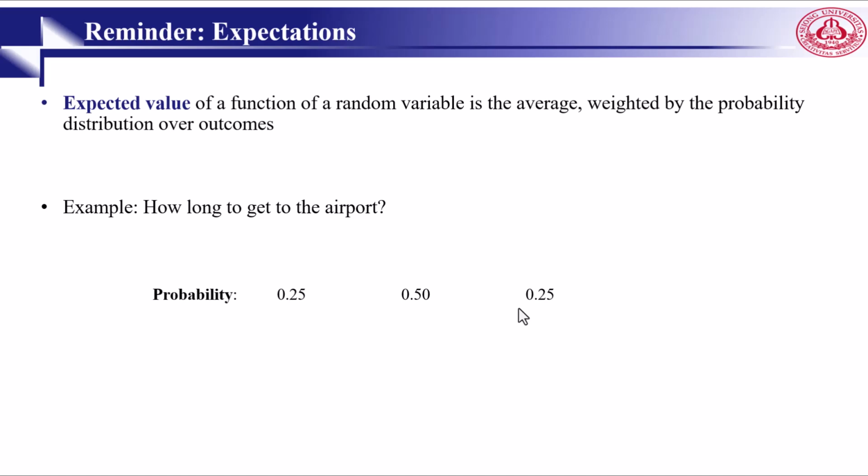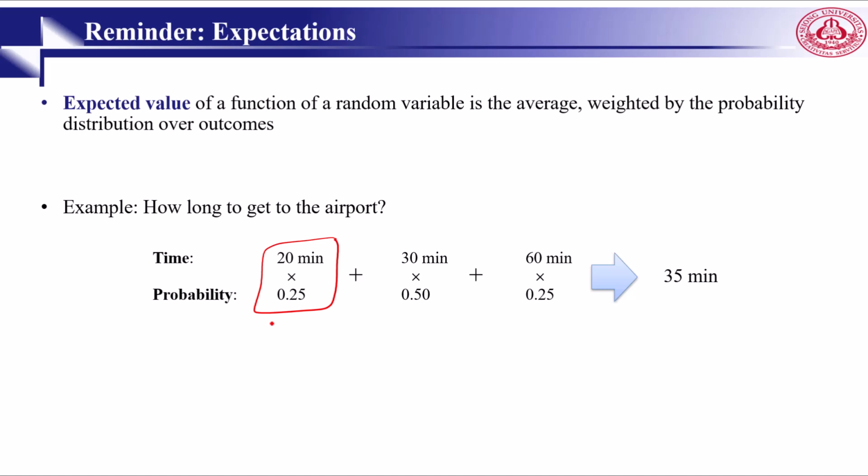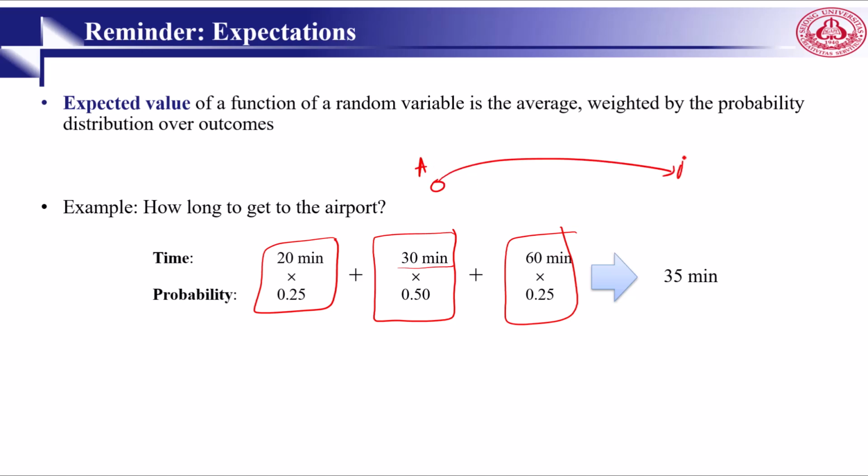For example, we want to know how long it takes to get to the airport based on traffic conditions. If there is no traffic, we can reach it in approximately 20 minutes. If it's light traffic, we can go in 30 minutes, and if it's heavy traffic, it takes 60 minutes. So we want to travel from point A to the airport. So 3 conditions are there.